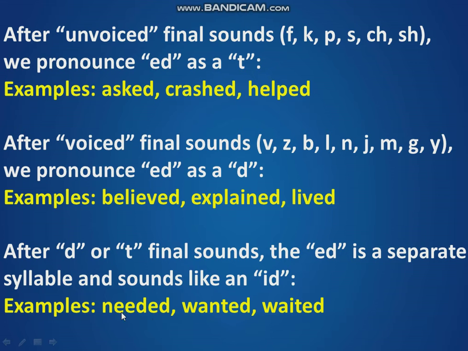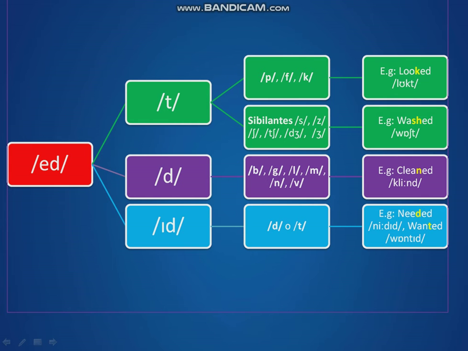Need is a verb that ends with a D and a D sound. So the ED that represents the simple past is pronounced as a separate syllable. Needed. Separate syllable. All right.